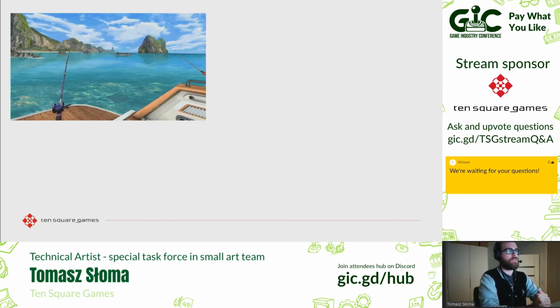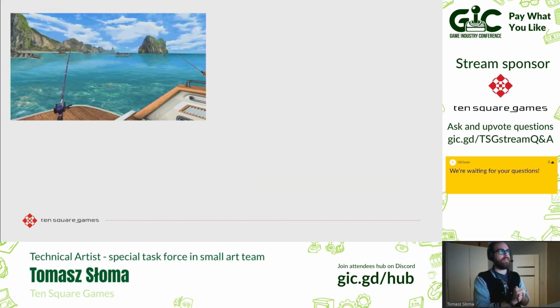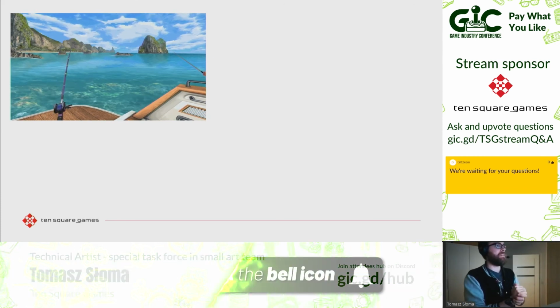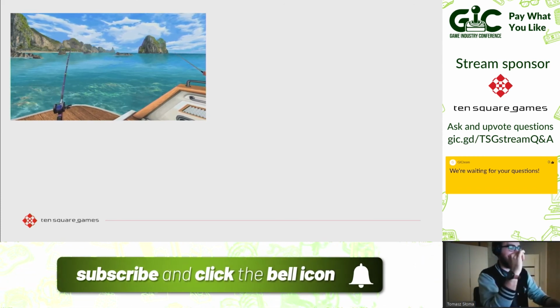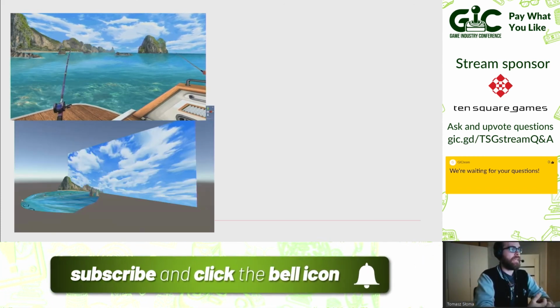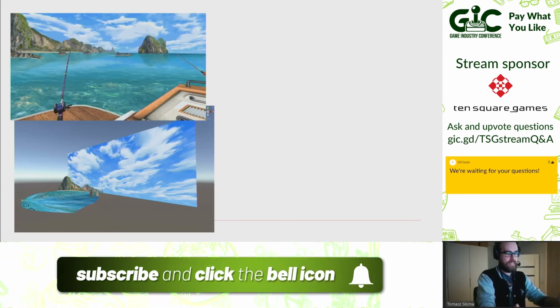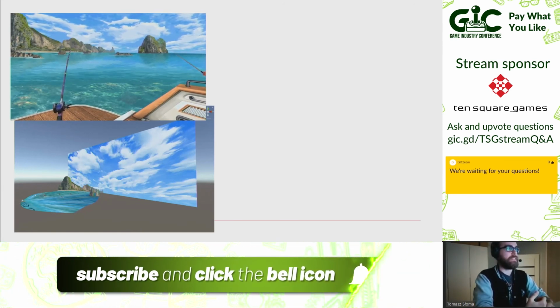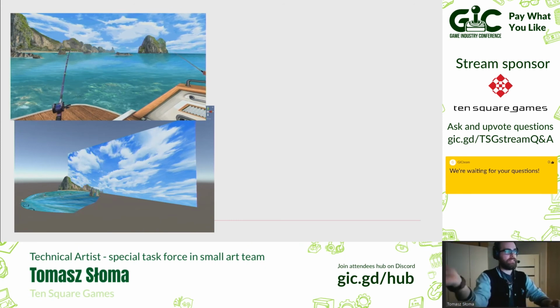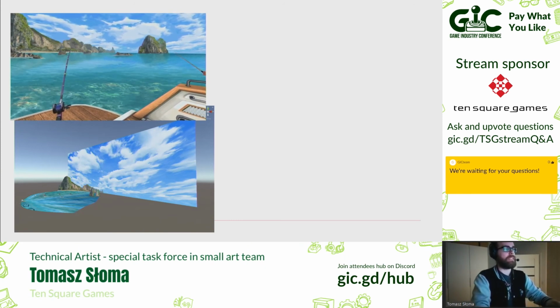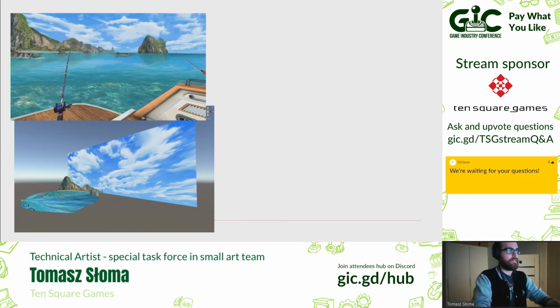What is super cool about working in mobile is that you have to use tricks. For example, making the sky a simple plane that fakes the perspective, and the clouds are just a panning texture with some warping applied.